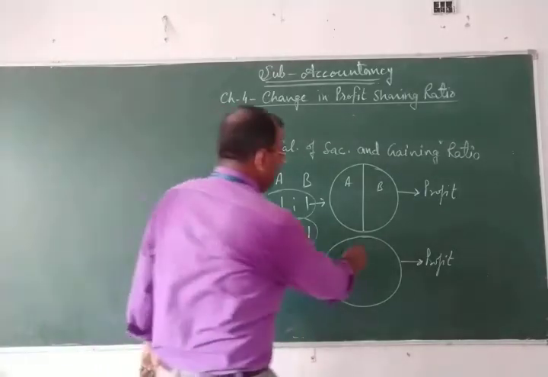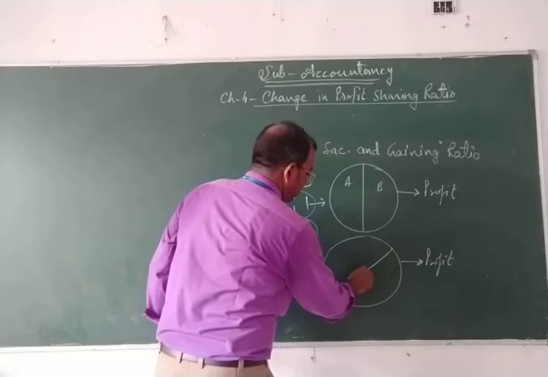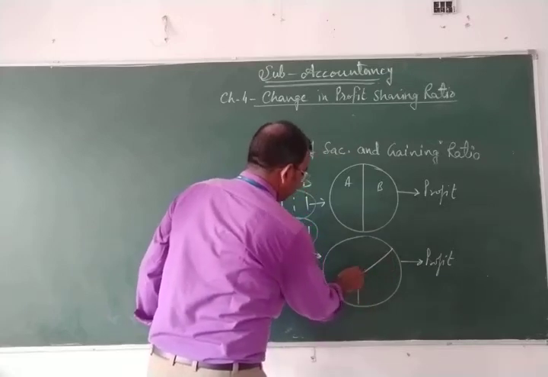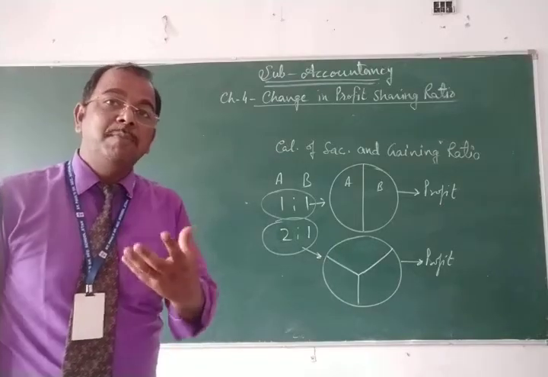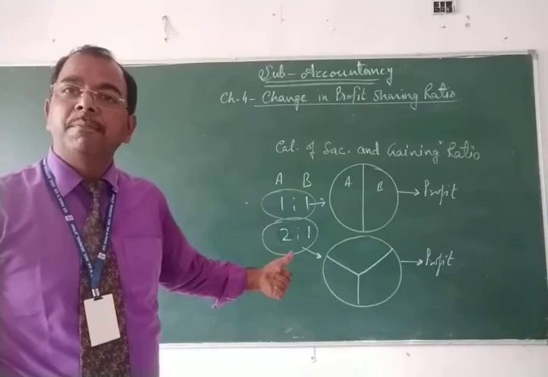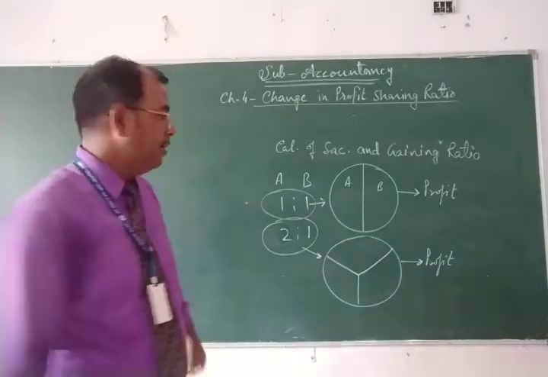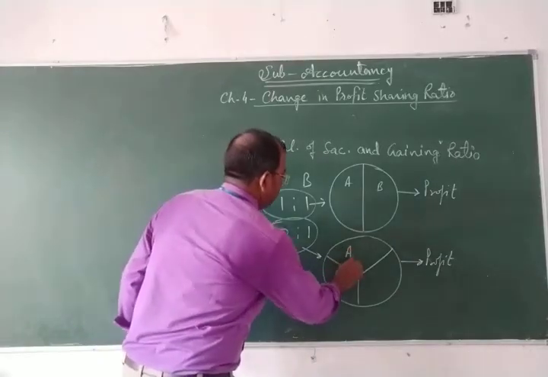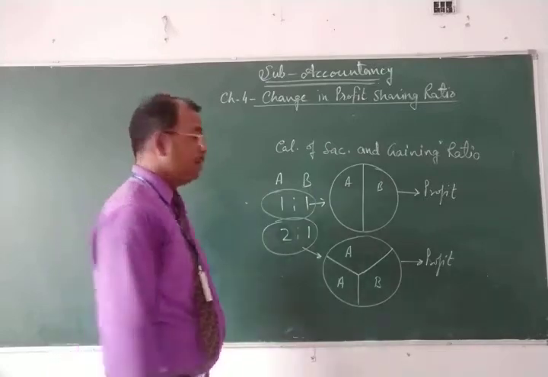So if it is being divided in 3 units, it would be divided like this. Out of these 3 units, 1 is for B and 2 units are for A.